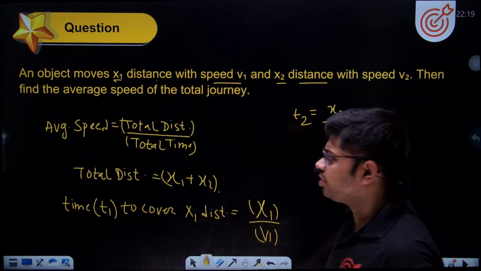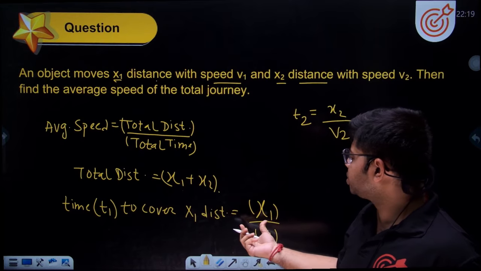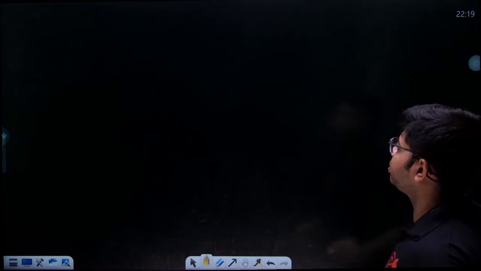So now we have the total distance x1 plus x2 and the total time t1 plus t2. We just put in the values.